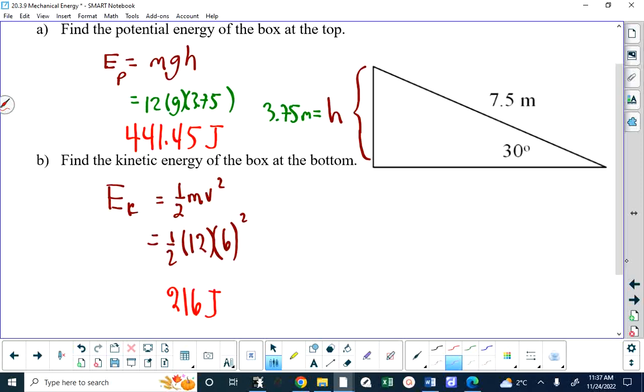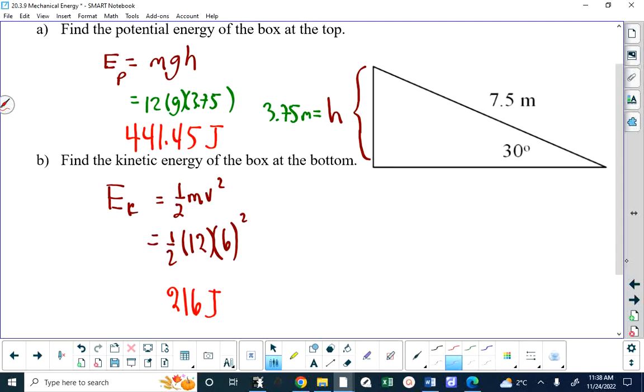Give it a shot. Right, that's exactly the reason. That 441.45 joules is the potential energy at the top, and it's not moving at the top. So that means at the top, the mechanical energy is 441.45. That's the mechanical energy at the top.